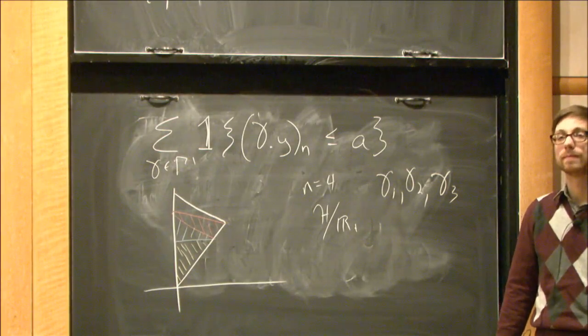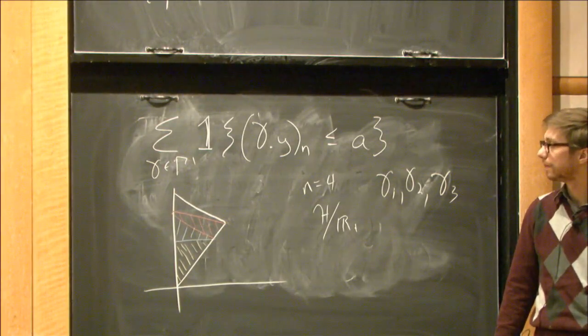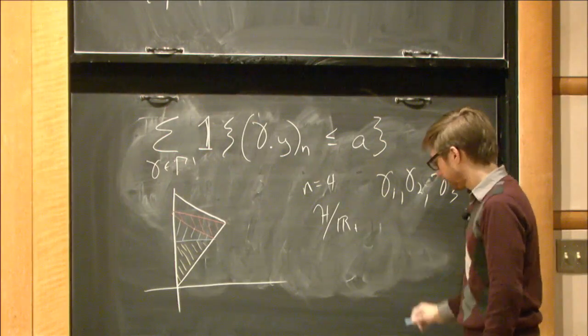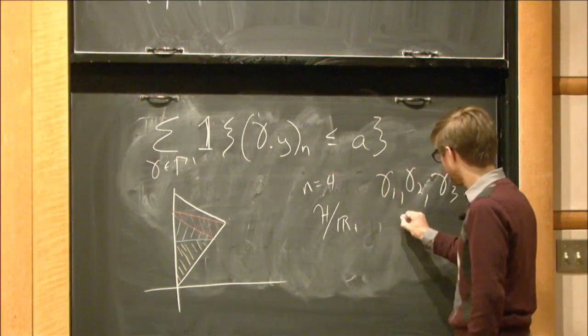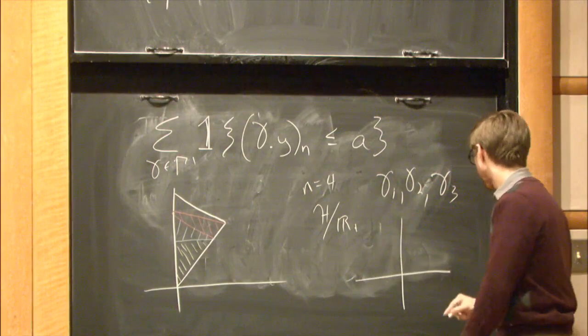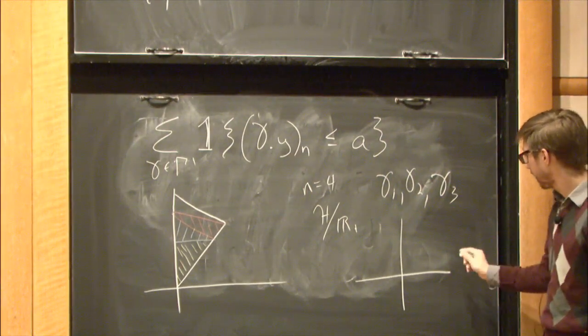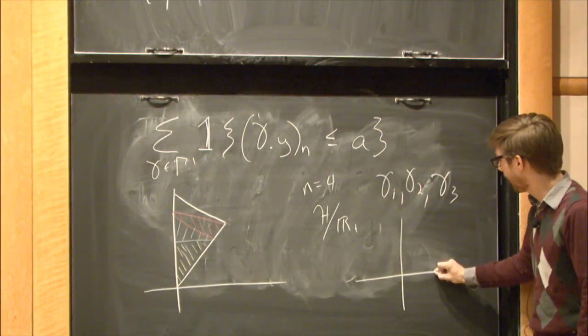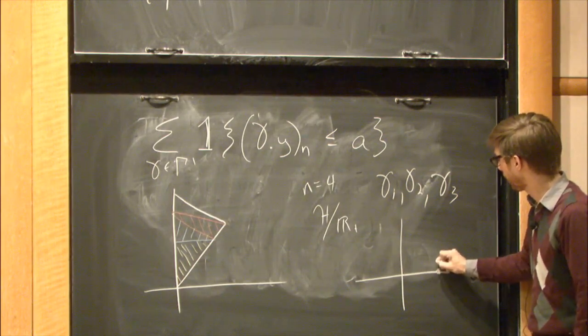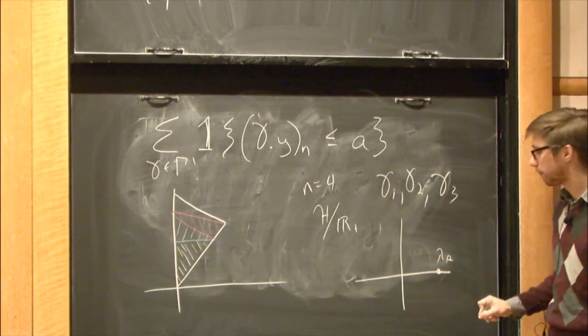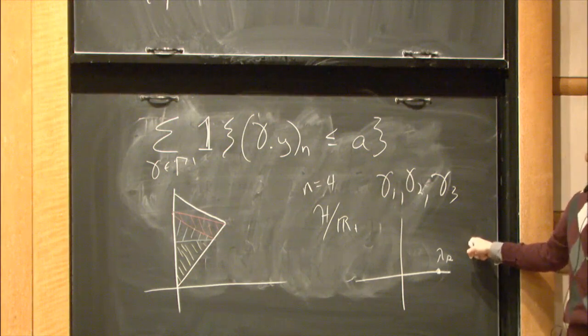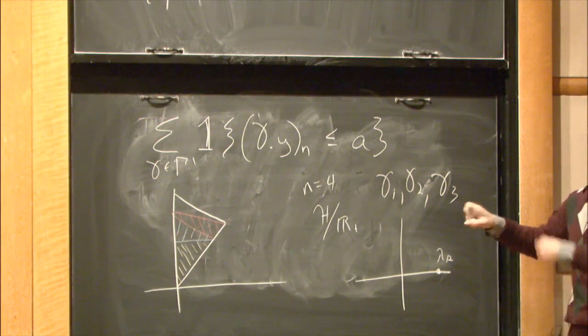Can you just draw the spectrum again for me one more time? So you have a circle. So the spectrum looks like what? So you have a leading eigenvalue over here that I'll call lambda s. Is that the spectrum of the resolvent or of the transfer operator? The spectrum of the transfer operator, which I didn't write down.